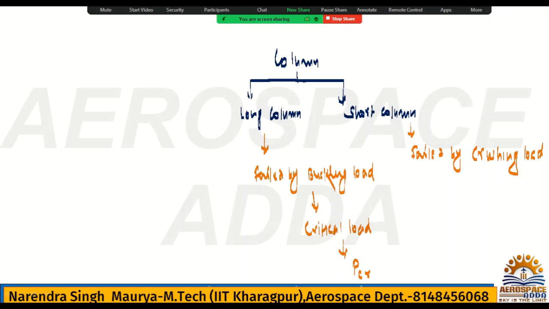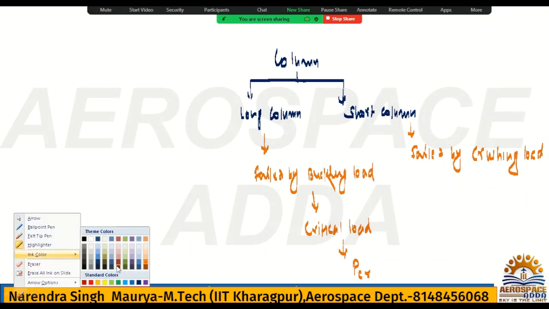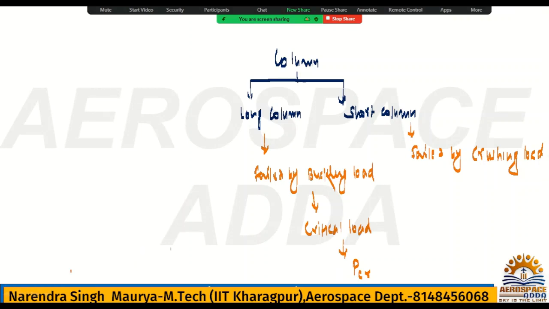What is buckling? I will show you that buckling is the transverse deflection. Suppose we have a vertical long column here, and this is the compressive load P on the column.